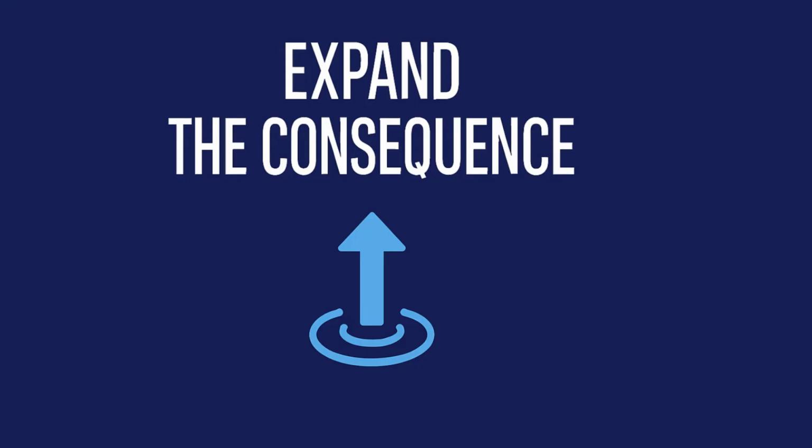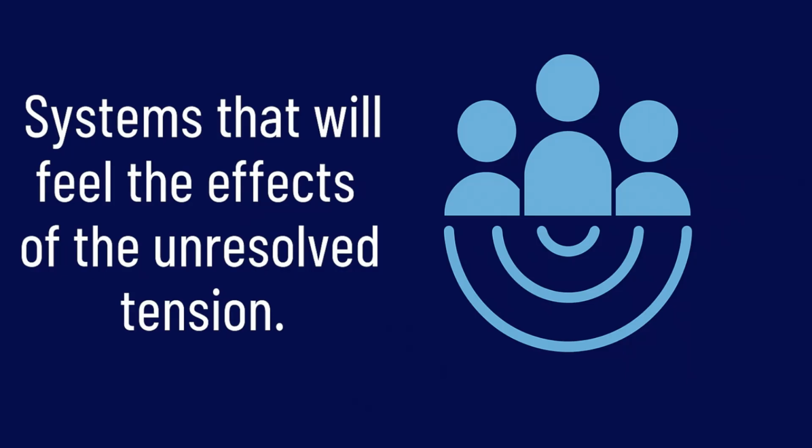From here, you expand the consequence. In the simple frame, the consequence might be a single sentence that begins with "this matters because," but in a strong research problem, the consequence extends outward into the systems that will feel the effects of the unresolved tension. That might include staffing patterns, instructional continuity, academic pathways, resource allocation, equity gaps, program effectiveness, or long-term student outcomes.